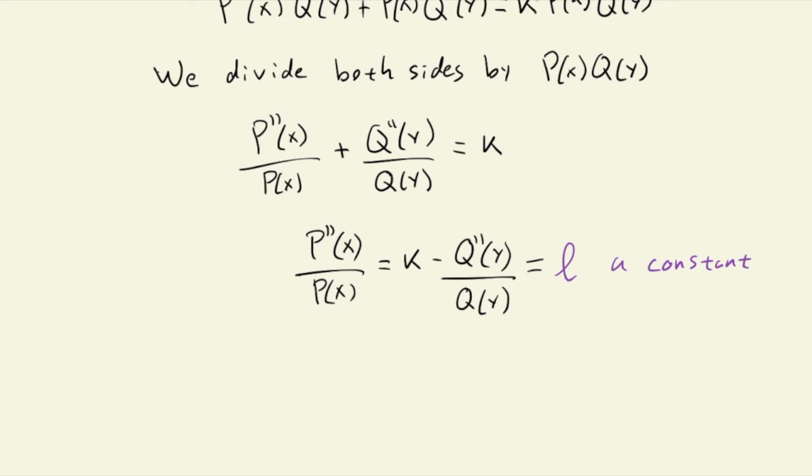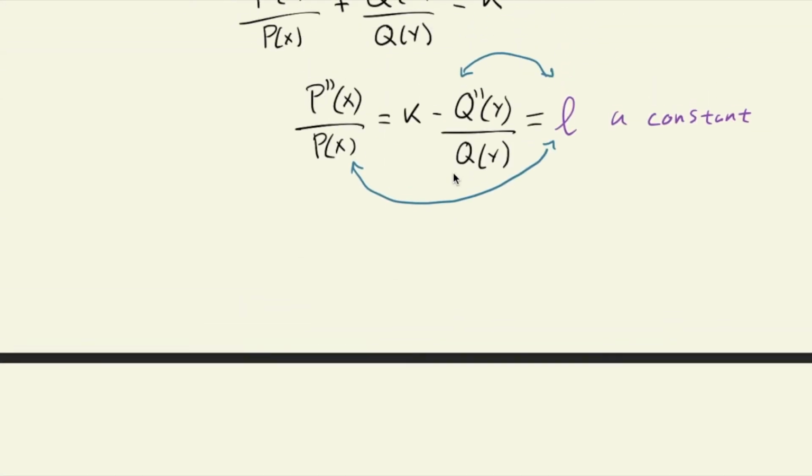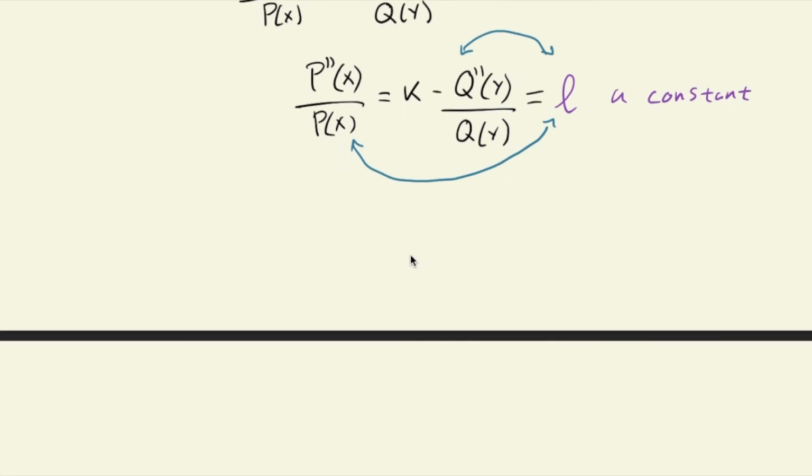Okay, and we get two equations, one by matching these two up, and another one by matching these two up. The equation for P is going to be P prime prime of x is equal to L P of x.